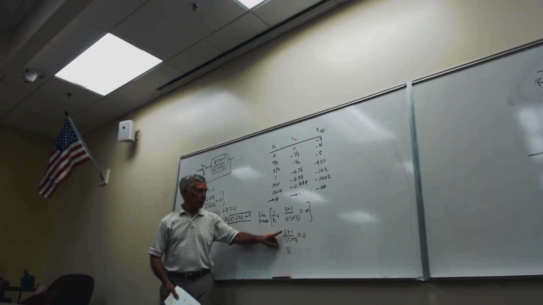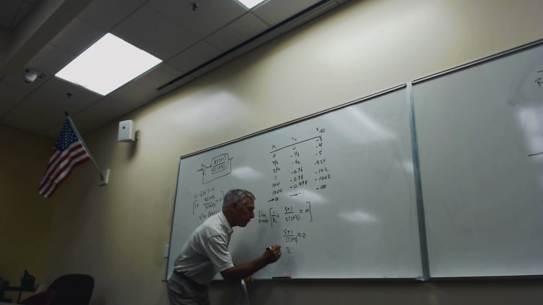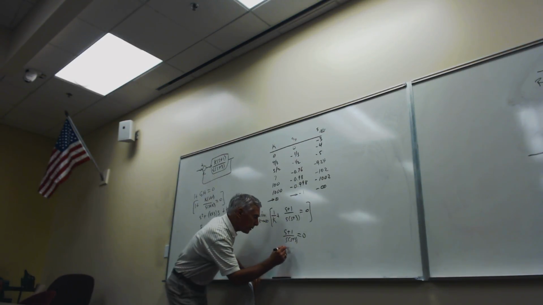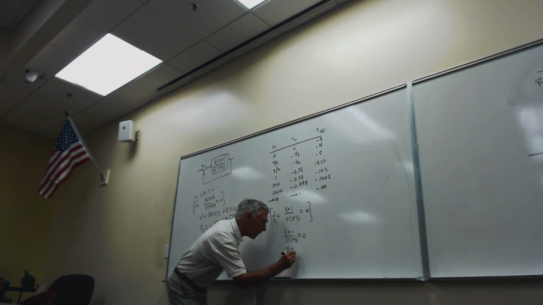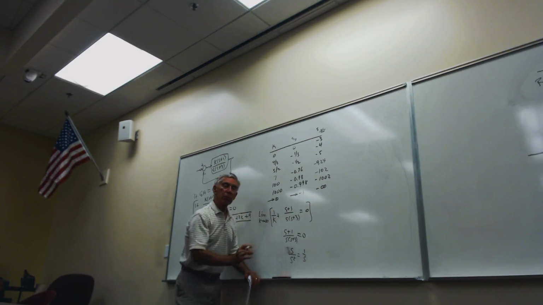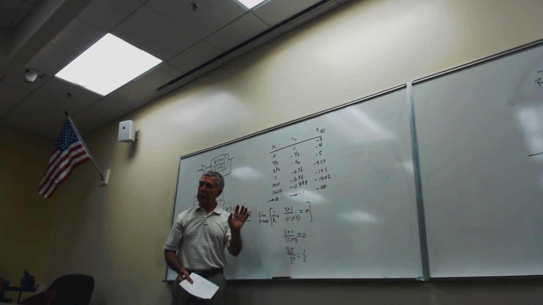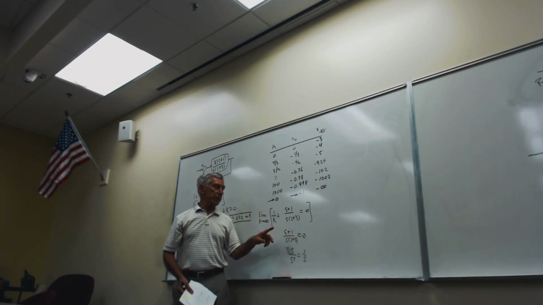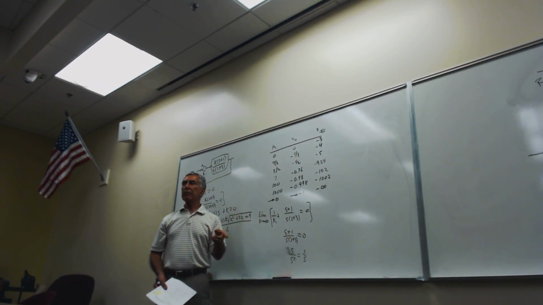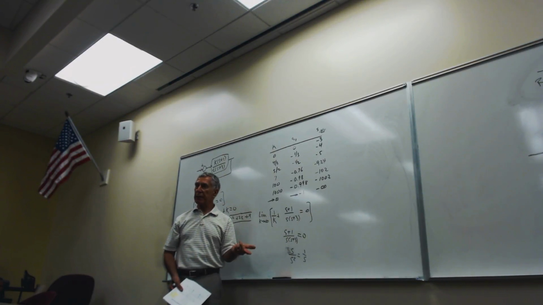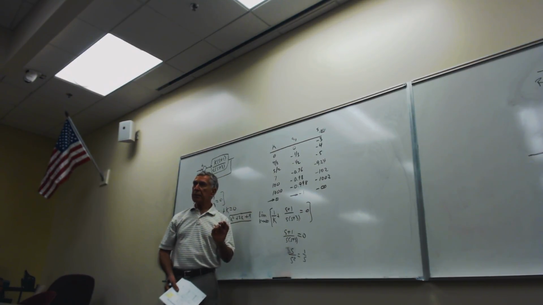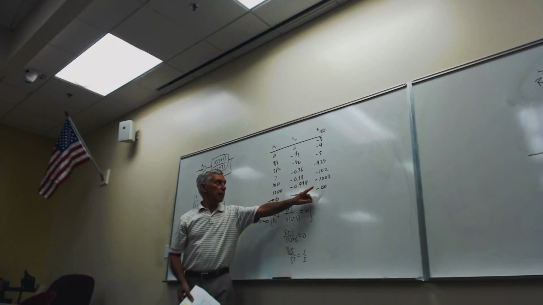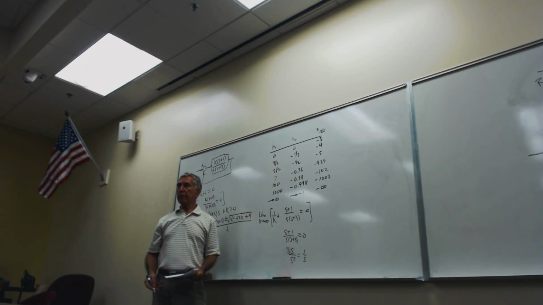Because if s is really large, you have s over s squared, and so that's 1 over s. So when the magnitude becomes very large, this becomes 0. So you have one finite 0 at minus 1, and then you have another 0 at minus infinity, when s, in this case, is minus infinity.